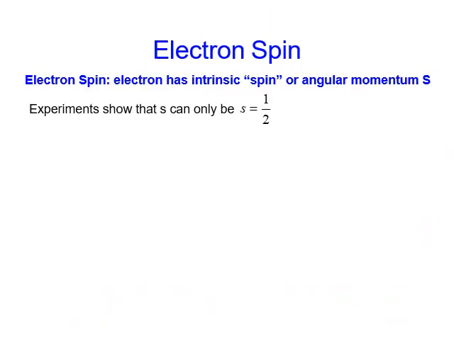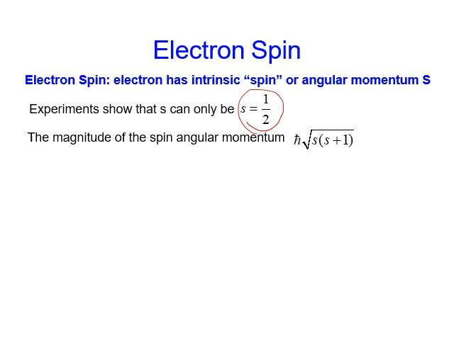The Stern-Gerlach experiment indicates that the electron has intrinsic spin, and the spin quantum number can only be 1/2. The magnitude of spin angular momentum can be calculated by h bar times the square root of s times s plus 1. This is similar to the equation for the magnitude of orbital angular momentum in the hydrogen atom, which is h bar times the square root of l times l plus 1.